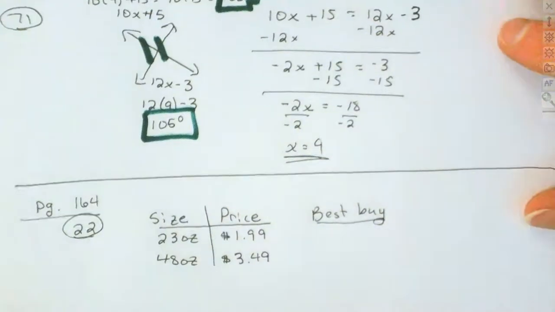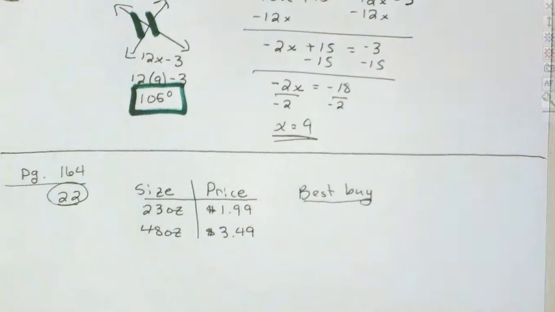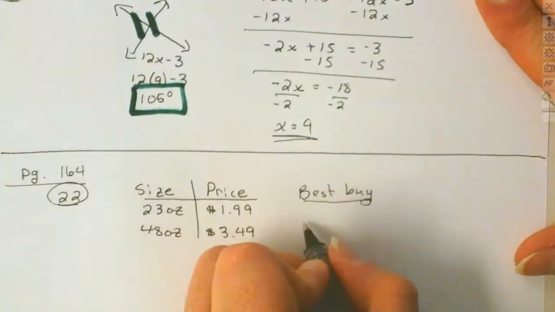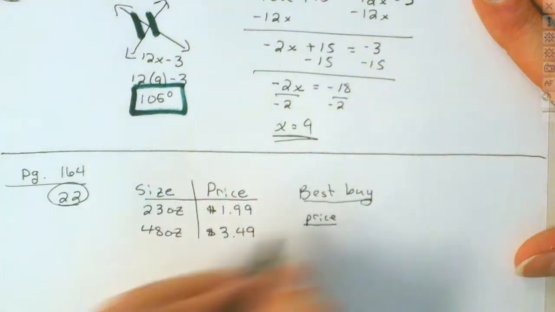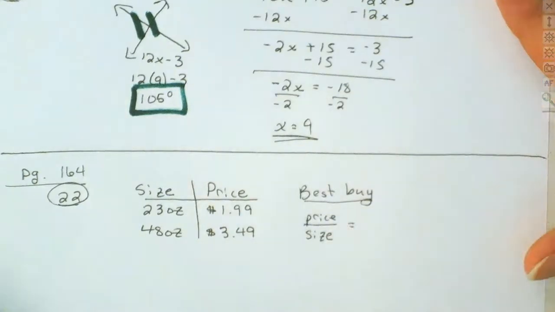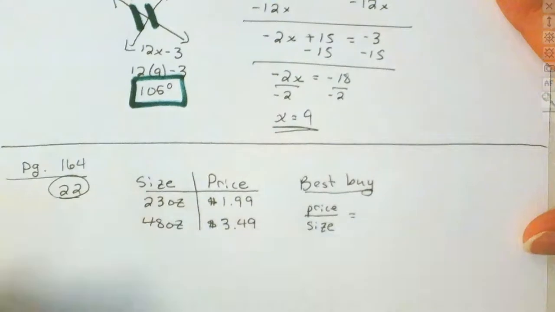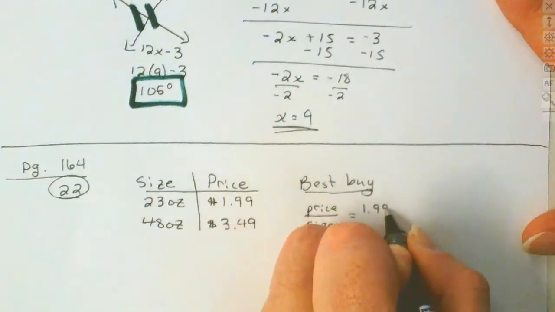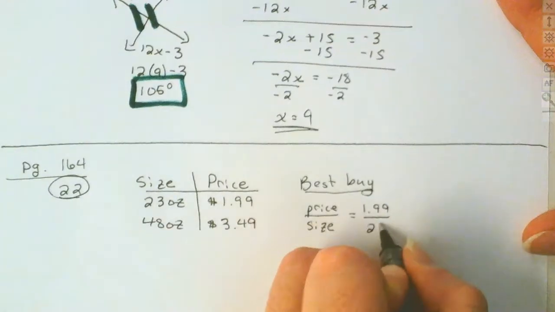Well, how do we find the best buy? We need to find the cost per, in this case, ounce. So we're going to look at the price over the size of the container. So let's look at the first one. Okay, the first one's $1.99, and it's 23 ounces.